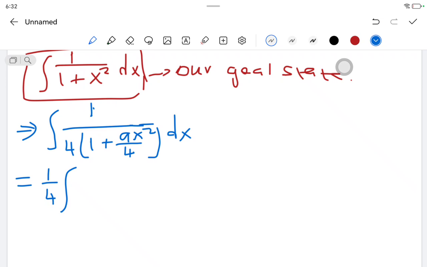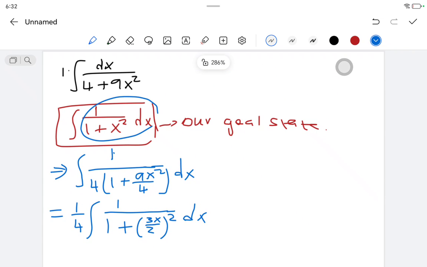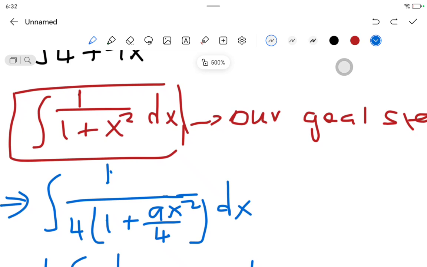This will be the integral of 1 over 1 plus this one. I said that we can change it so that we only have a square. This is 3 over 2 times x, squared. Everything squared here. Now we say that this is in this format. But remember that the constant here is 1. So we're going to multiply here by 1 times 1 times 1.